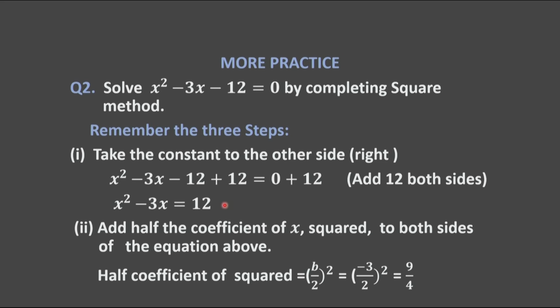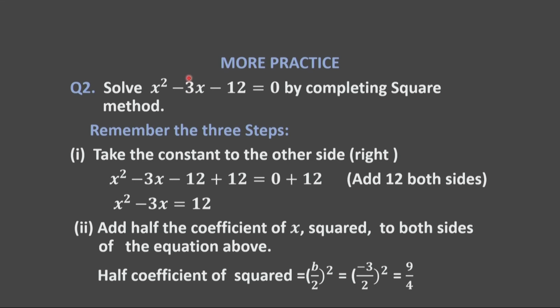What is the next step? Can you remember the next step? All right. We add half the coefficient of x, squared, to both sides. Now, first calculate half the coefficient of x. Then we square it. Make sure you identify your coefficient of x is minus 3.